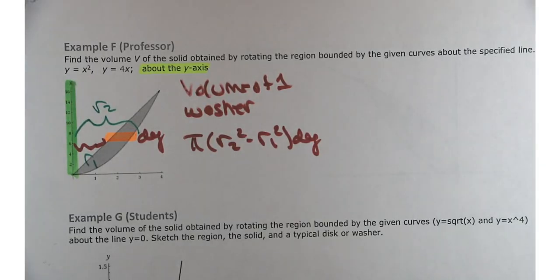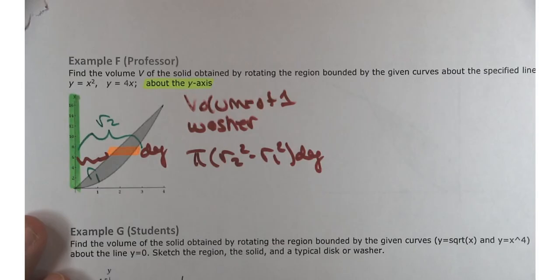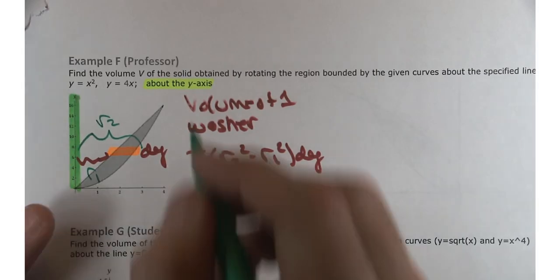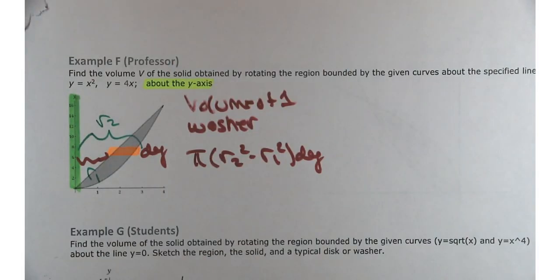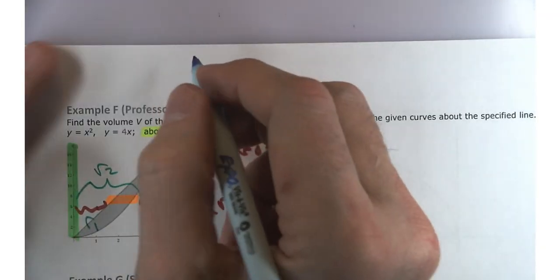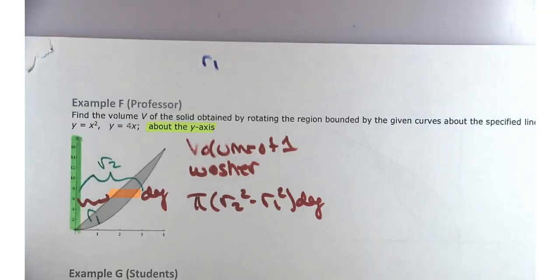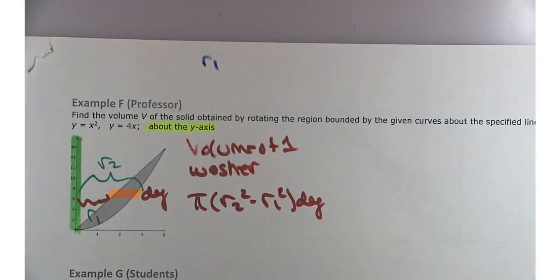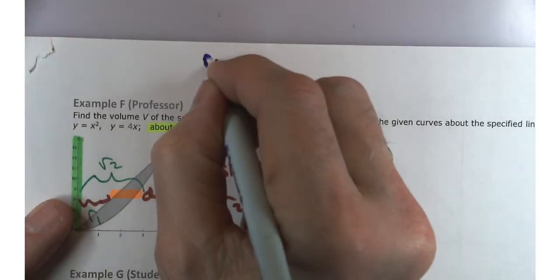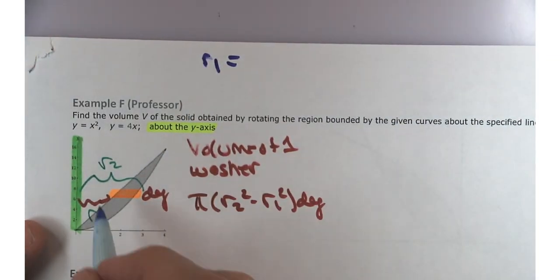Let's take a look at these expressions that we have here. I'll start with the inner radius, R1. That's going to be this point minus this point.